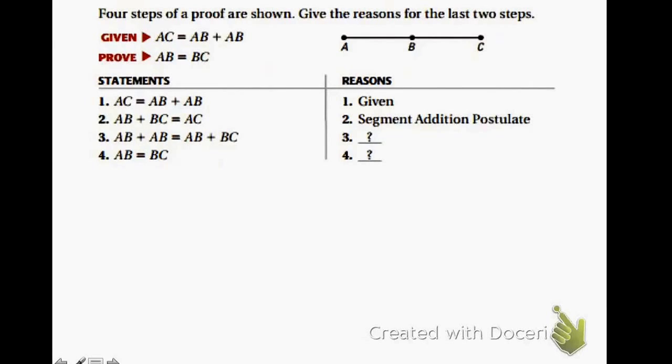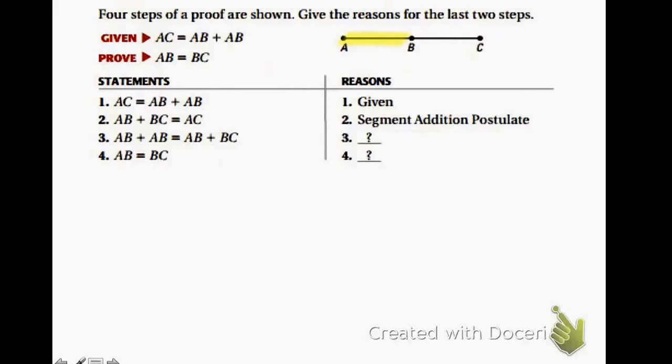What they're telling us is that 2 of segment AB makes up all of that segment.